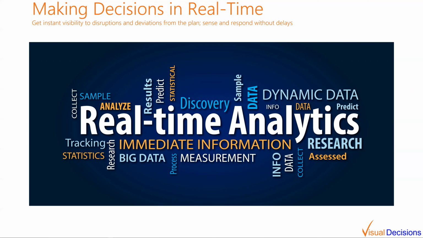How can you sense those things and then respond to those without delays, knowing what your options are to make those adjustments when this part didn't show up, or this person didn't show up for work today, who has the skill sets to run that same process, or what other processes can be run that don't require that particular skill set, and so forth. So those are the types of things that we're going to be able to do in real time from a decision-making perspective.